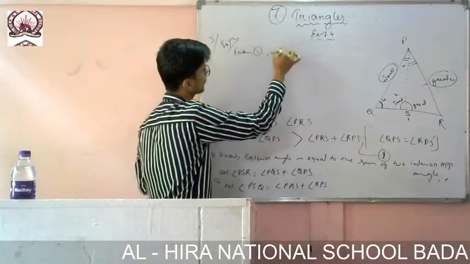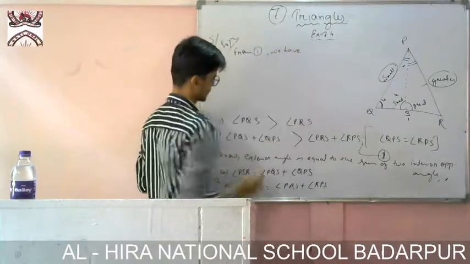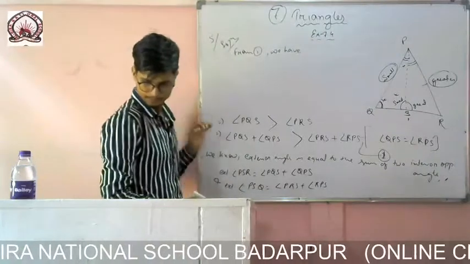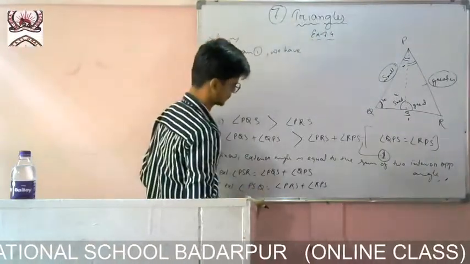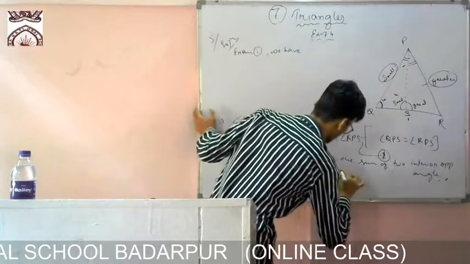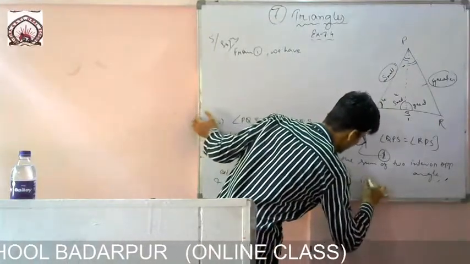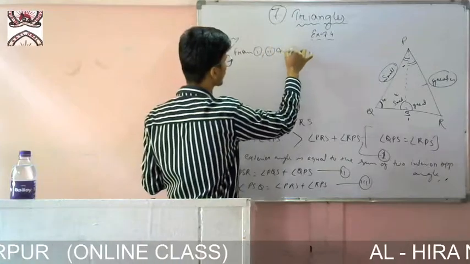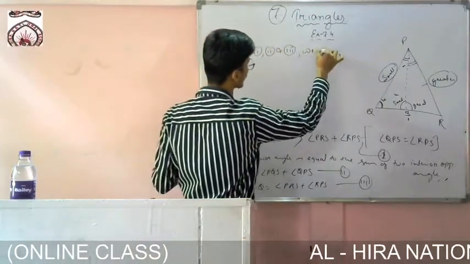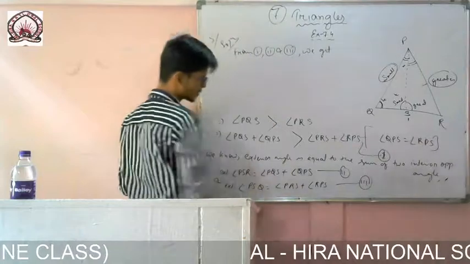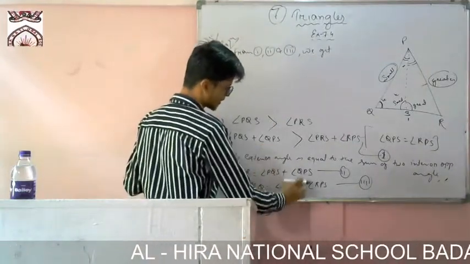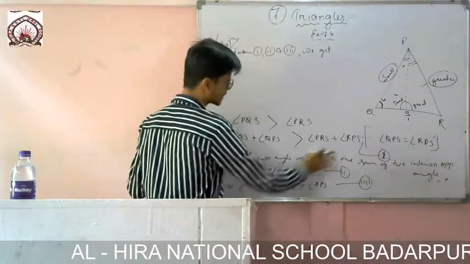From 1 we have, so this one I can write as angle, you give this one 2, this one you give 3. So from 1, 2 and 3 we get that this one is equal to this one, and that one is equal to this one, so I can write this thing here.